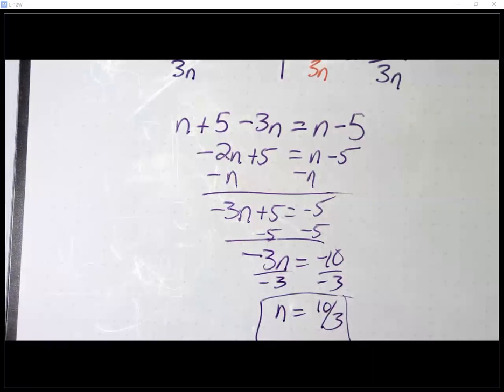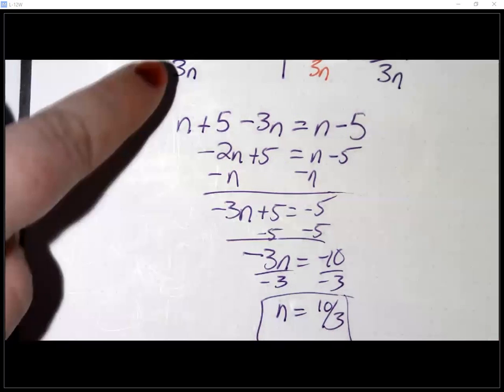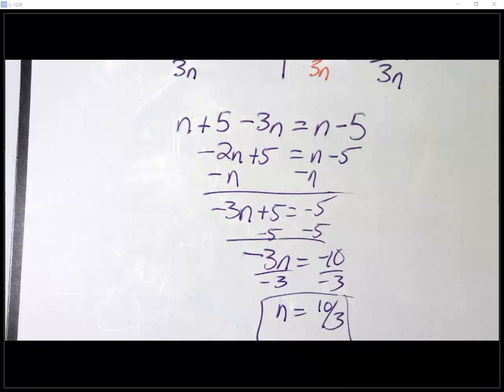All right, did you get what I got? I will say, if you have access to a calculator, you can check your final answer. You can take 10/3 and plug it back in and make sure that it works, because it is an equation. Unfortunately, it's really cumbersome to do that, especially when my answer comes out as a fraction.